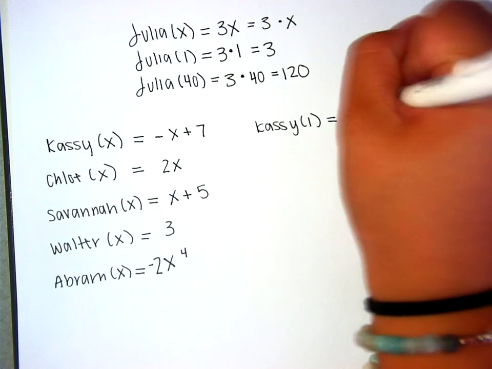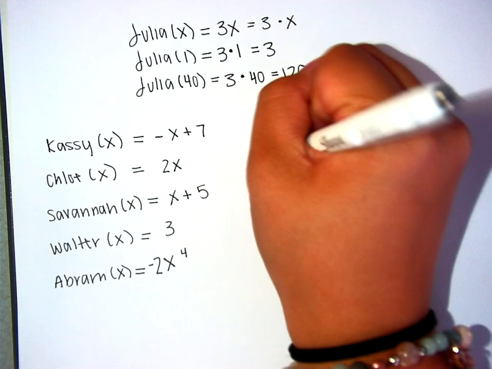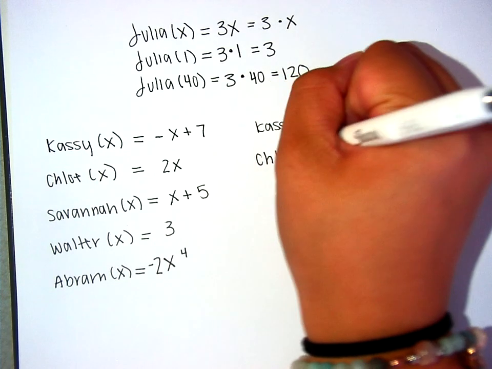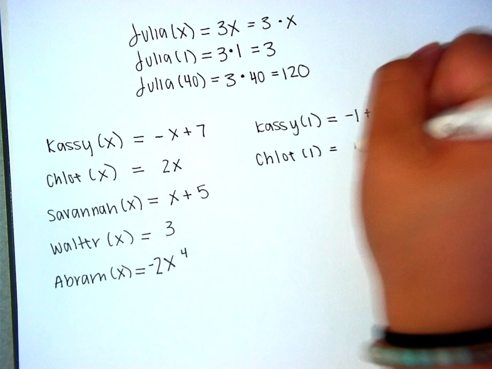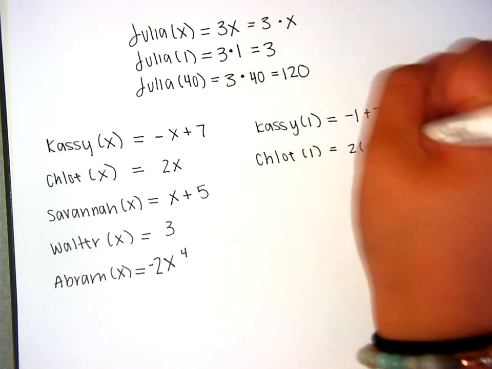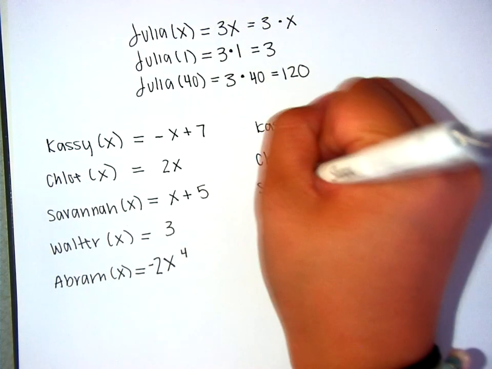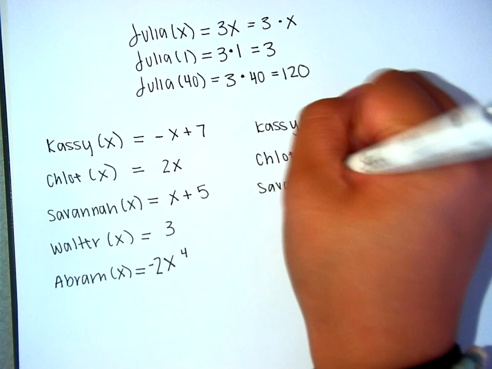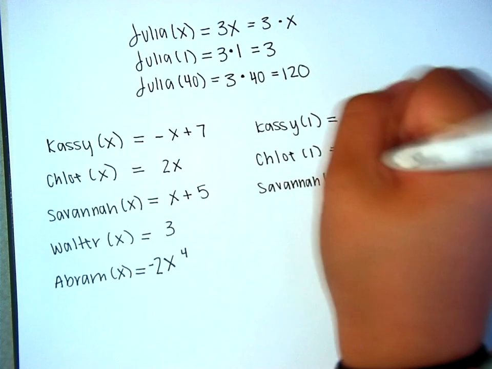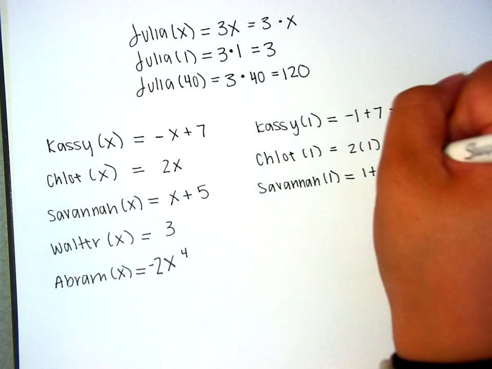Because you took negative 1 plus 7 equals 6. Chloe, what is Chloe of 1? 2. How'd you do that? Because 2 times 1 is 2. Savannah of 1. How'd you do that? Because 1 plus 5 is 6.